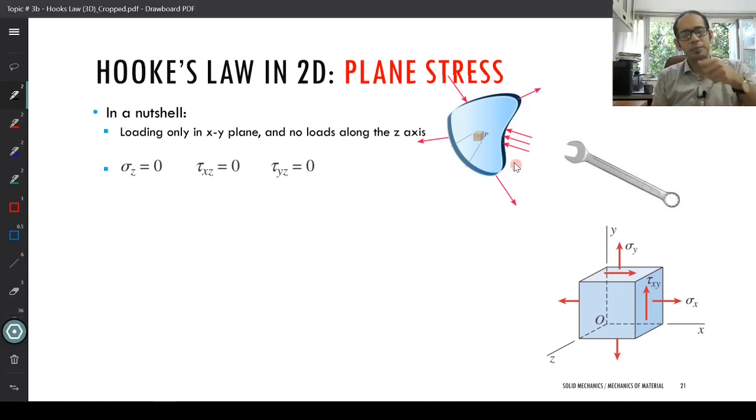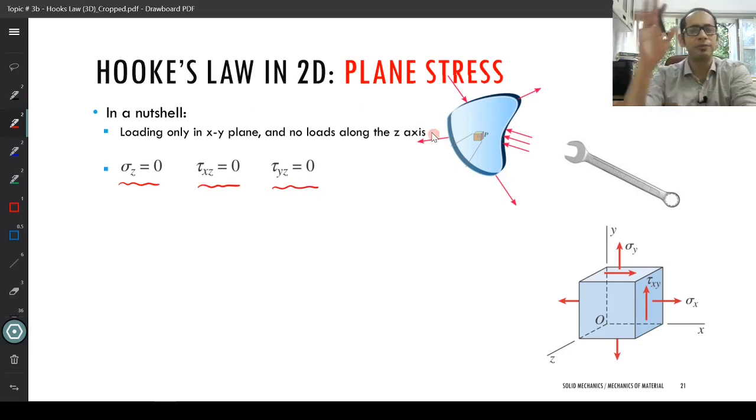For example, the bottle example and the wrench example which I was showing you, in that particular one, you're not applying any shear about the z direction, you're not applying any normal force about that particular z direction. So essentially your sigma z, your tau xz and tau yz, any stress that has to do with the z direction, essentially vanishes.